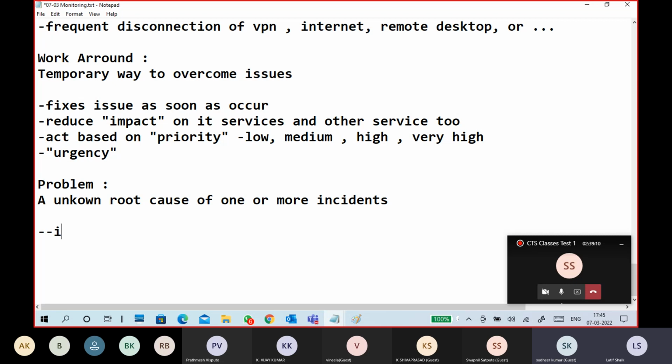Incidents will occur, and we go and fix it. When an incident occurs, we go and fix it.